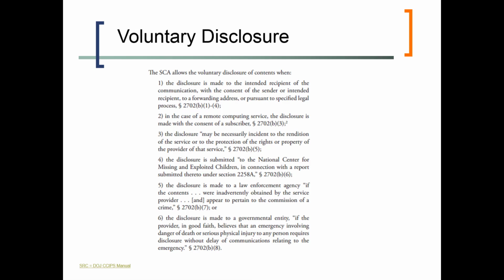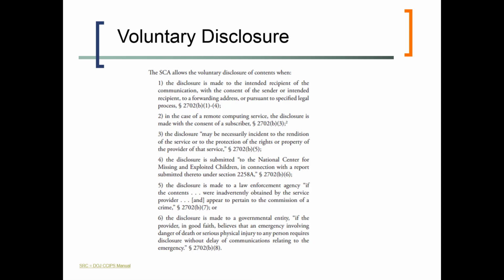And this can come into play when there are terms of service or terms of use in which the provider says we may provide certain information to the government. That may well authorize certain providers to turn that information voluntarily over to the government, although a lot of providers are still going to require some kind of process in order to protect themselves.